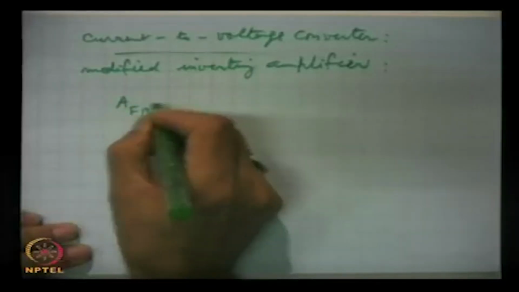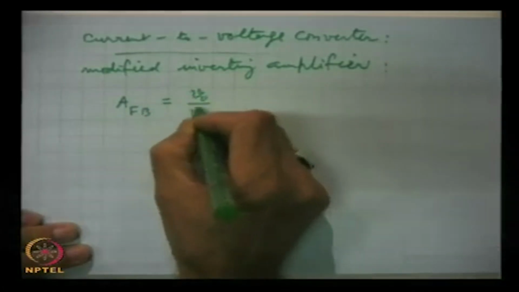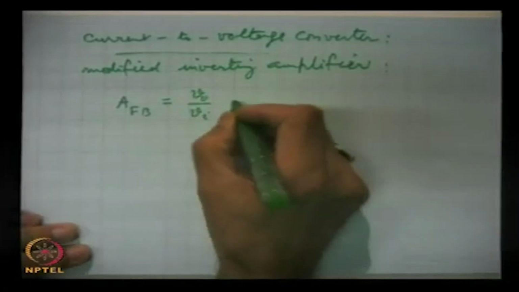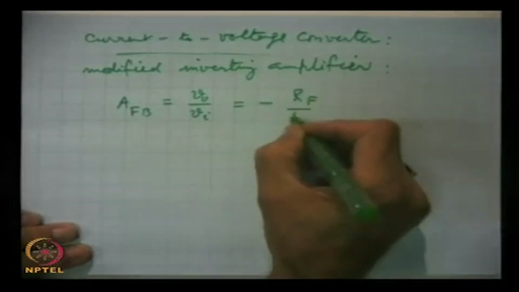For an inverting amplifier, the gain with feedback, which is the ratio of output to input, is equal to minus Rf by R1.